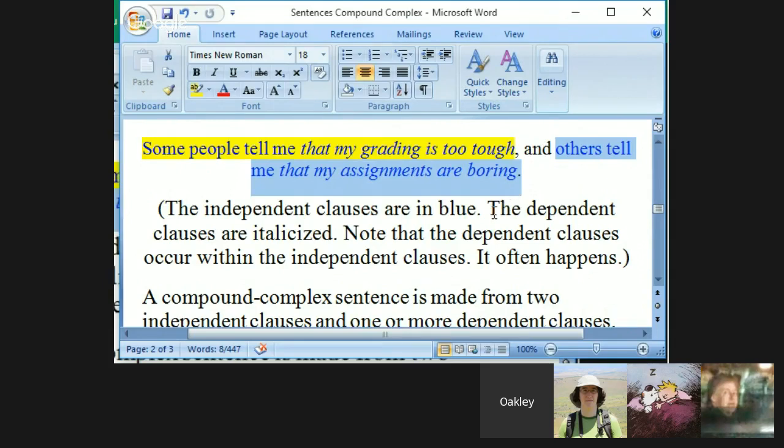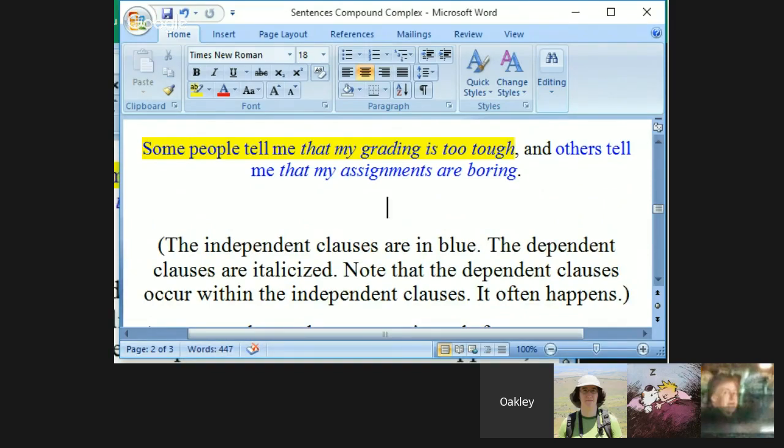Sometimes another thing that happens, for example, with relative clauses, adjective clauses, they come in the middle. They can split a dependent clause apart. Tall man who reminds me of Dad walks kind of funny.